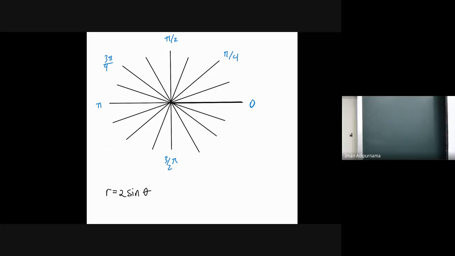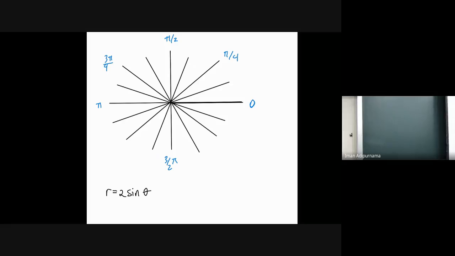In this first line here, which is our baseline, it's zero. This is our starting point. Every time we draw the polar, we start from zero, and then we start increasing the degree, the radians.